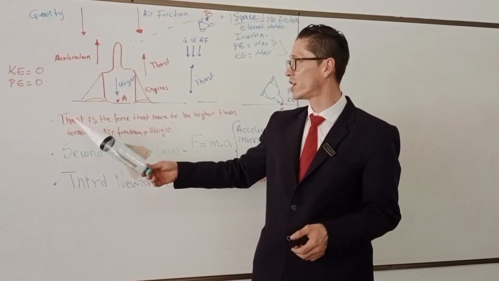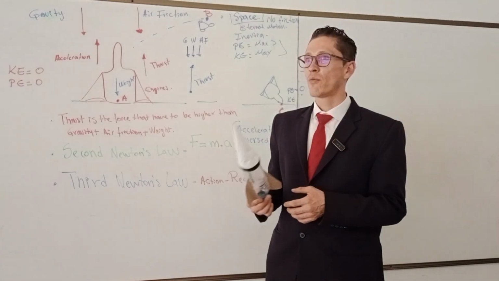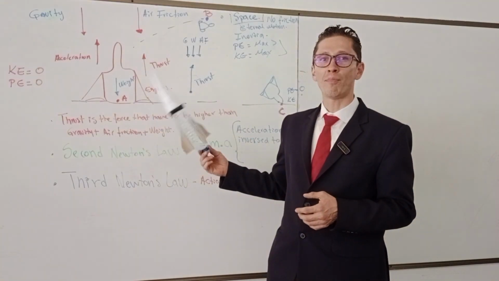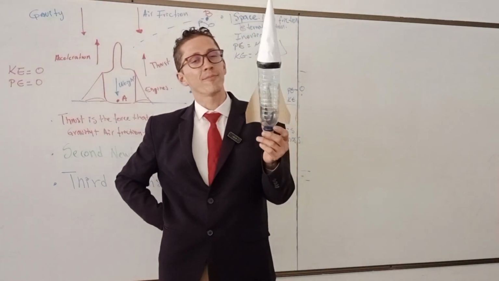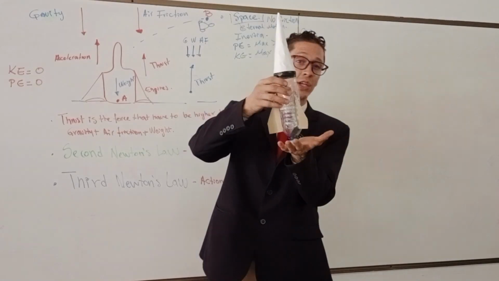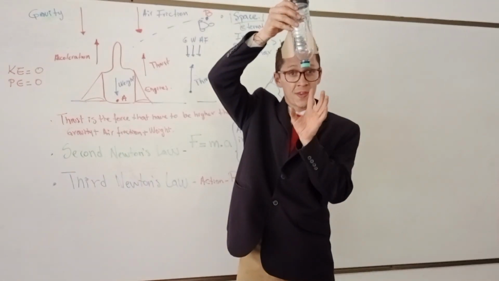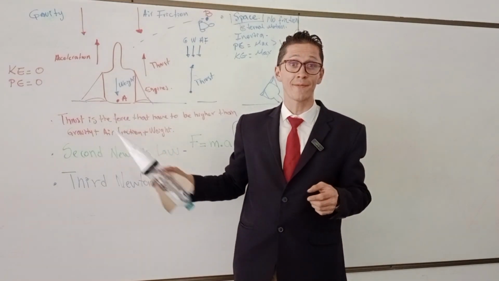Also, the thrust is the force produced by an engine, right? Here we have this object, and when we take off, the thrust force has to be higher than the sum of all of them, right?